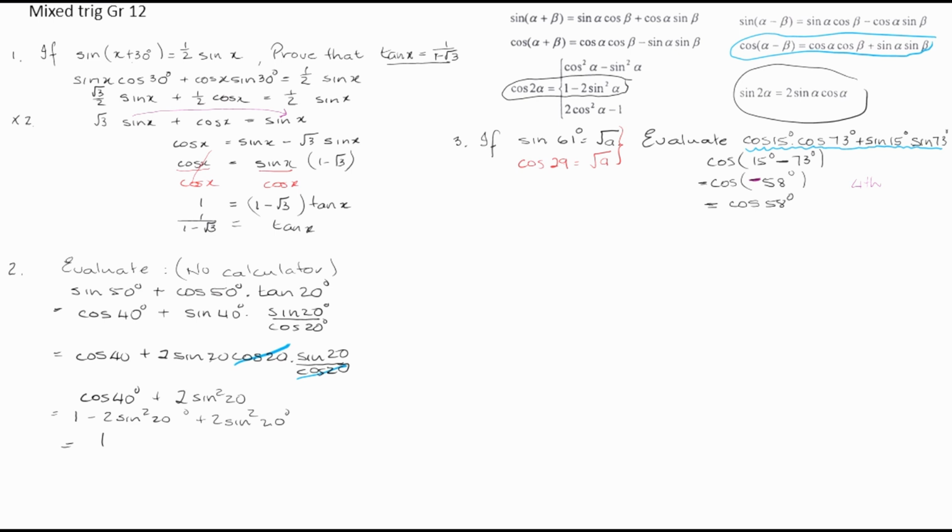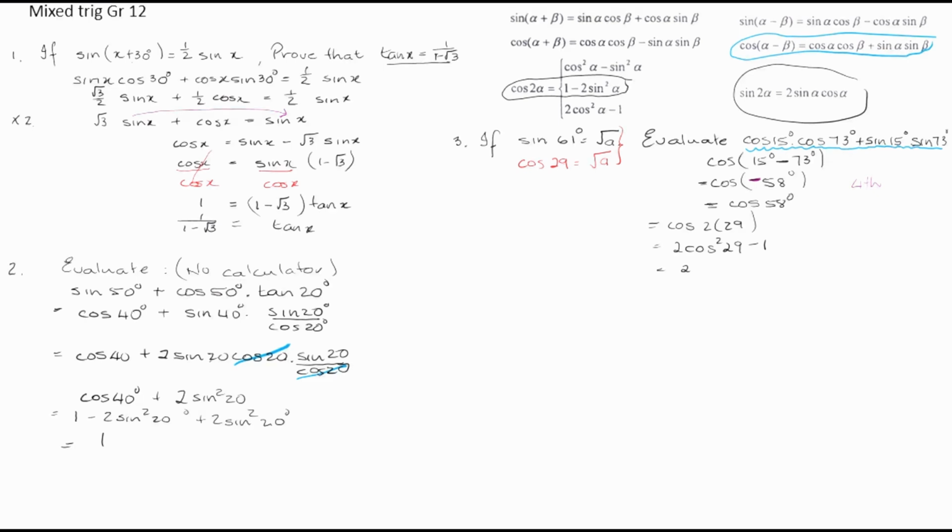We're going to make that cos of 2 times 29, which is 2 cos squared 29 minus 1, and that will be 2 in place of cos squared of 29.